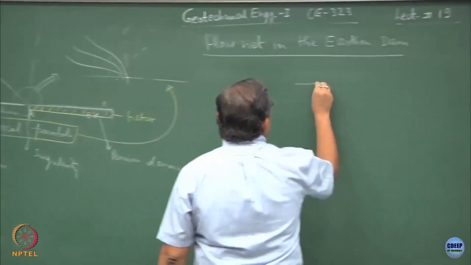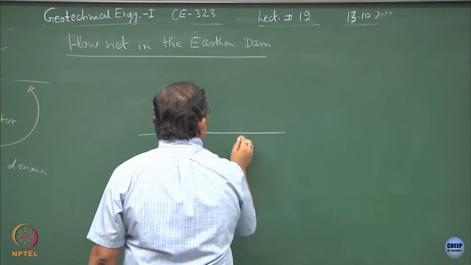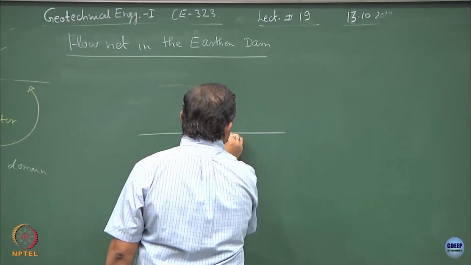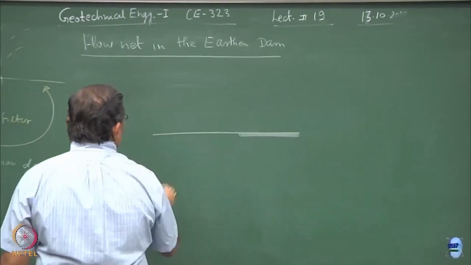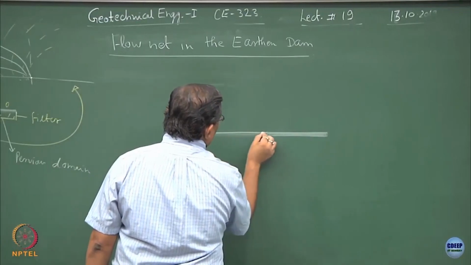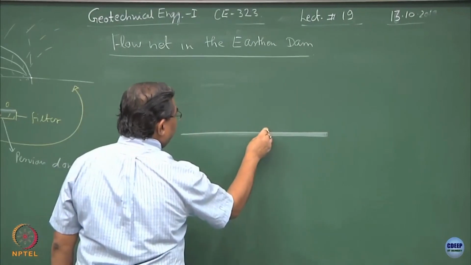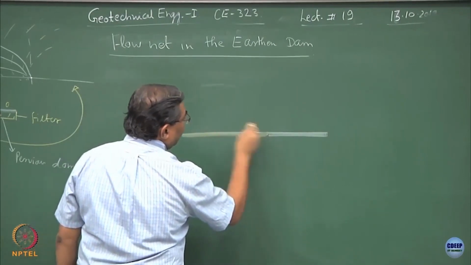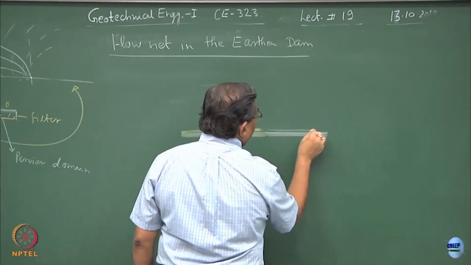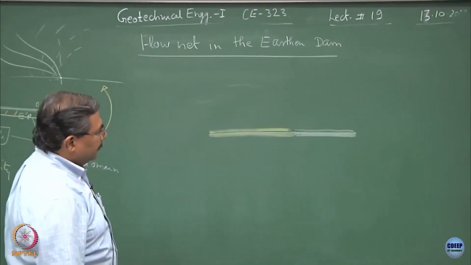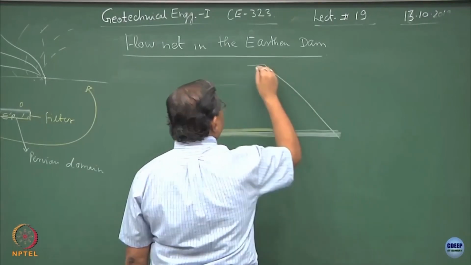So, imagine if you want to construct a dam, how would you do it? You will first lay in this portion certain layer of granular material. You will start laying the soil on this side and compacting it. So, this is the soil. Second layer of soil, second layer of gravel or sands, and then you can give it a shape of the final embankment like this.